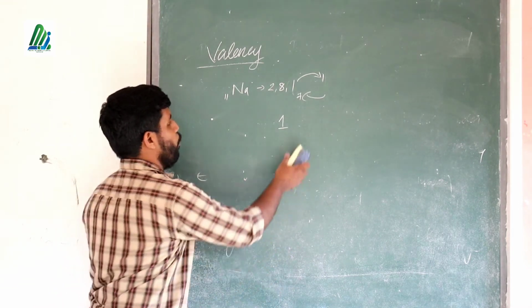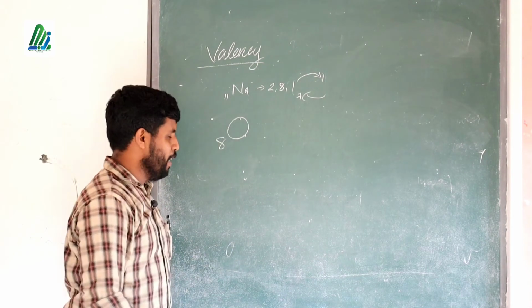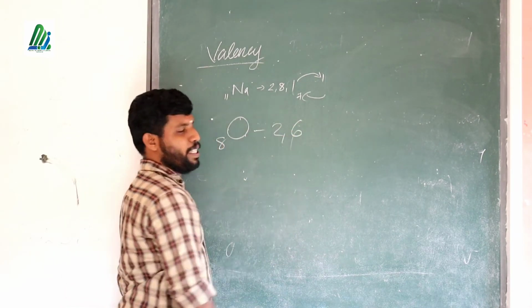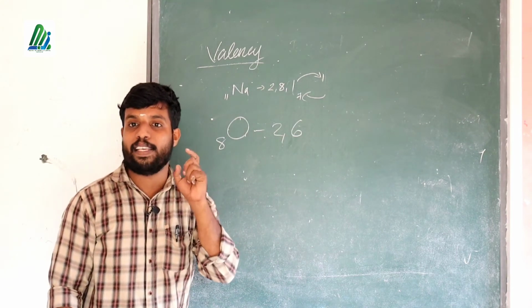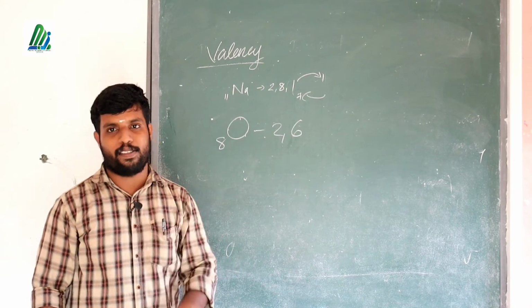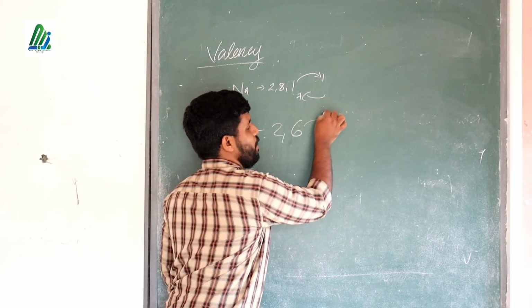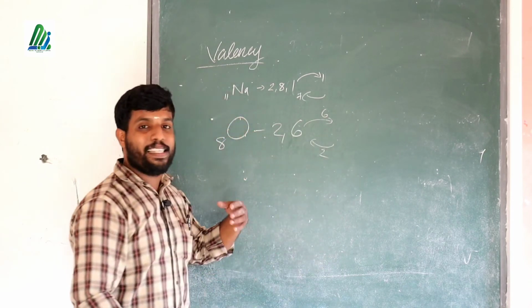Another example we are going to discuss is oxygen. Its atomic number is 8, electronic configuration 2, 6. How many valence electrons are there? Yes, 6. To attain stability, there are also 2 chances. One chance is to donate 6 electrons, or otherwise accept 2 electrons, which is easier.